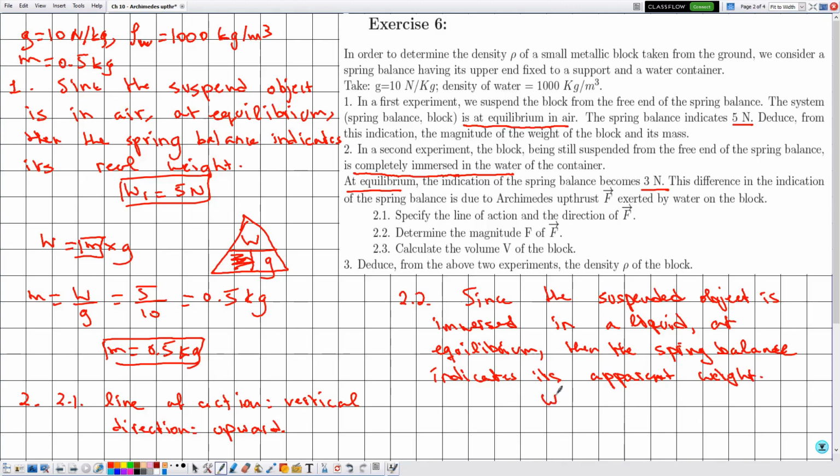Then in this case the apparent weight is given by 3 newtons. And now we know the value of the apparent weight and the real weight.